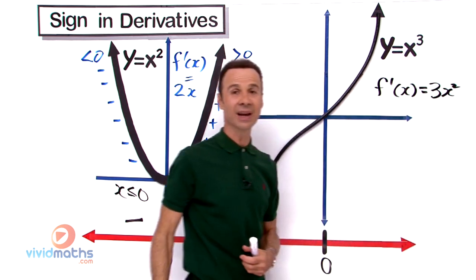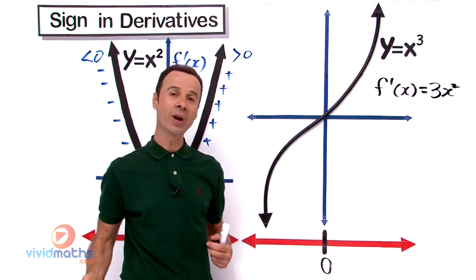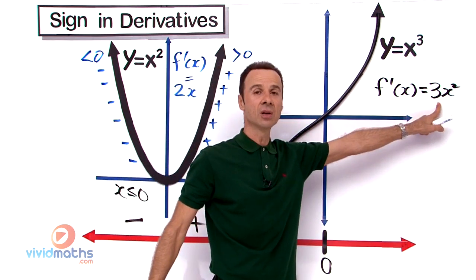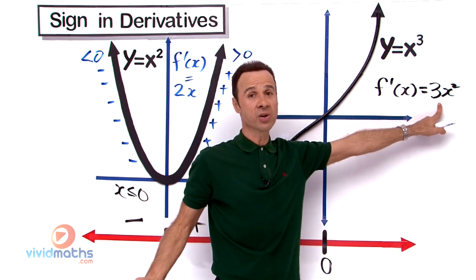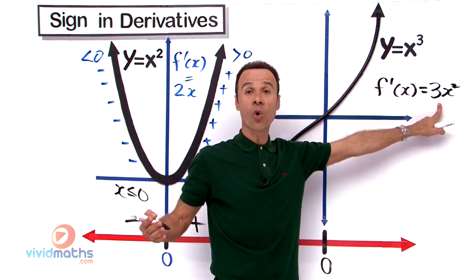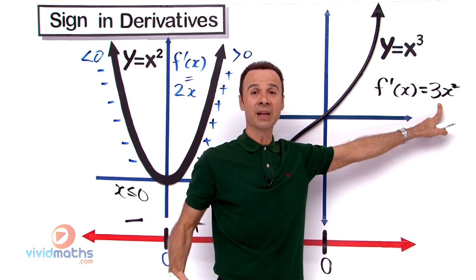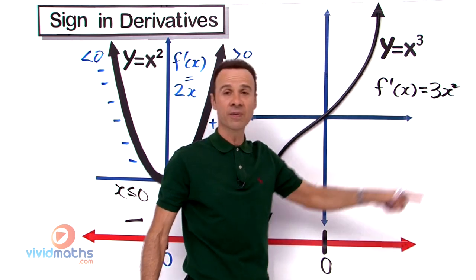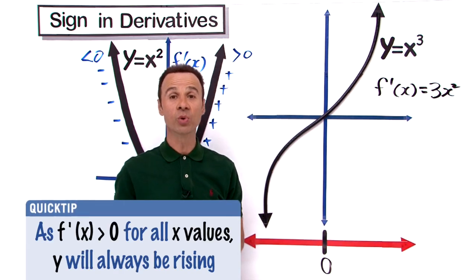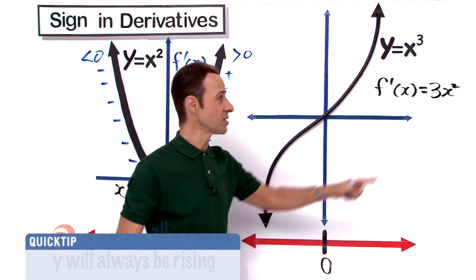Now that's an interesting derivative, given that if I put a negative number into that function, will I get a negative or a positive? It will always be positive, meaning that this derivative, from that algebra, tells us that the curve will always be rising or monotonically increasing. So that's a big clue.